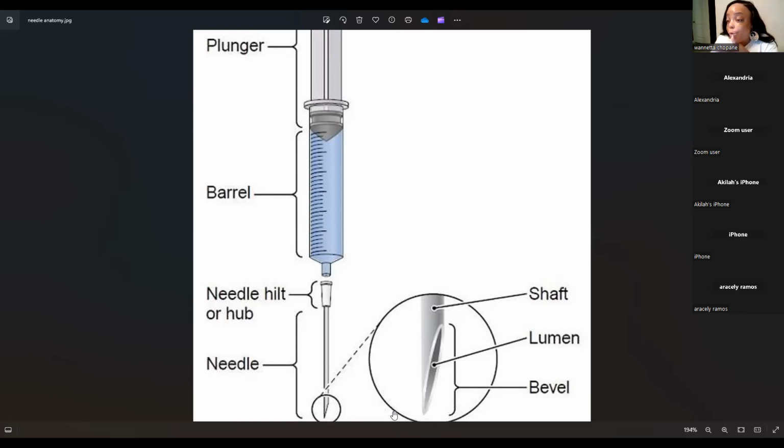But once I teach you to insert the needle, you're inserting the needle into my skin just to the shaft, not the whole needle, as I said, okay? Some people come into class not really understanding and think that we put the whole needle into the vein. No, we just cover the bevel so the blood can have leeway to get in the needle. And then we go 1 to 2 inches further to the shaft.